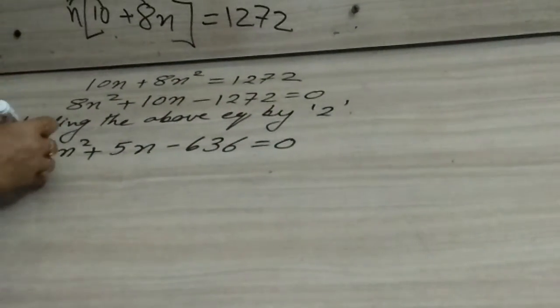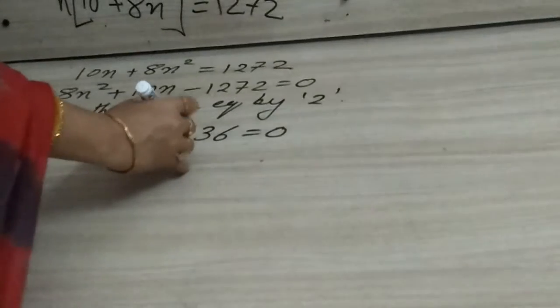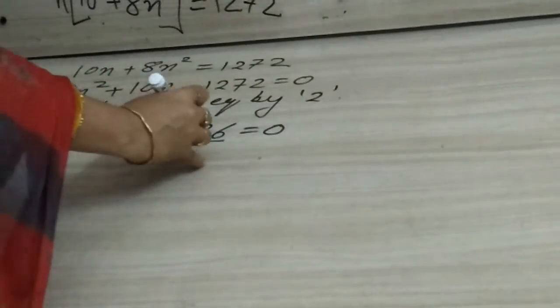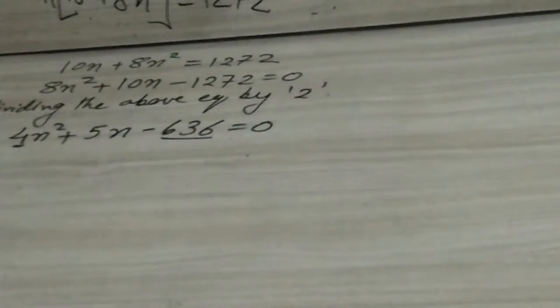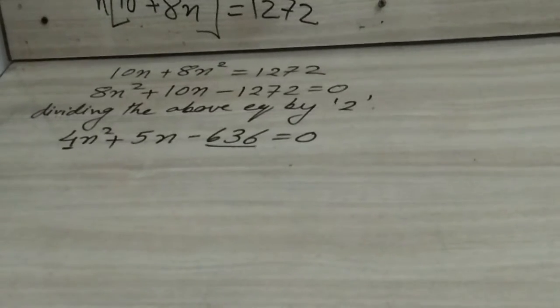Now what you are going to do? You will multiply 4 into 636, and in the rough column you will do prime factorization of that number.